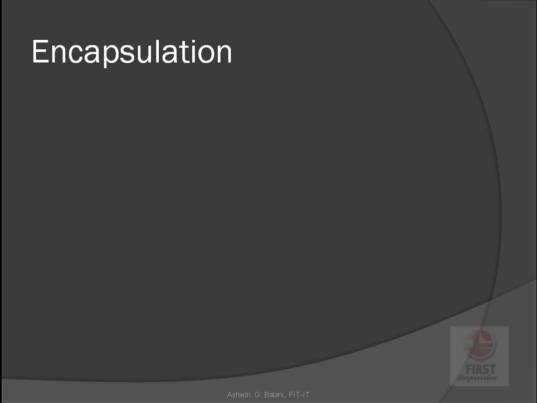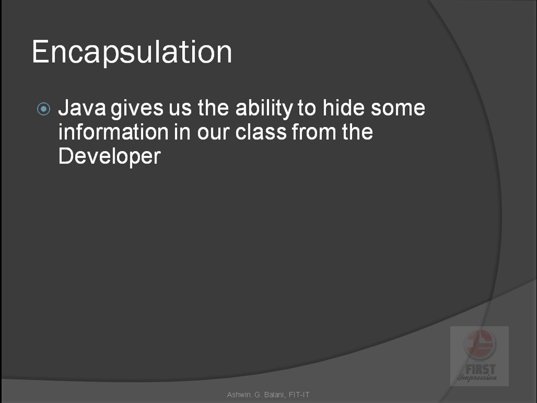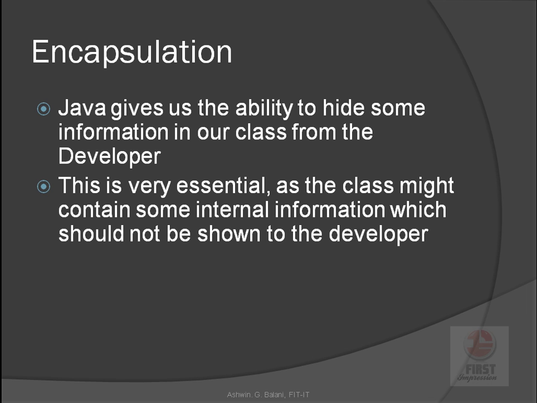Let's move on to the new concept of encapsulation. Encapsulation means hiding some information in our class from the developer. So assume that there is some internal information in a class which you want to remain inside the class and not be accessible outside the class.